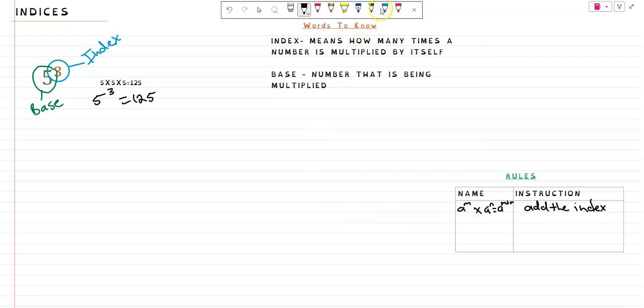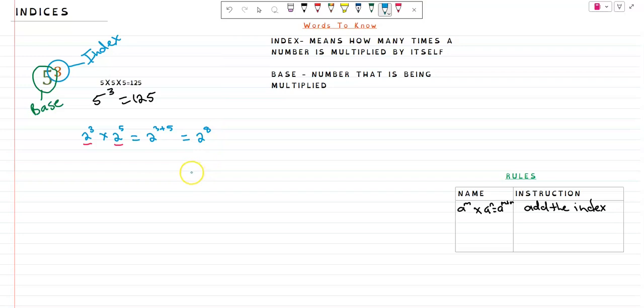Now, if we look at an example, if we have 2 to the power of 3 multiplied by 2 to the power of 5, first we need to double check and make sure our bases are the same. Yes, our bases are the same. Then we can follow this rule, which means we can then say it equals 2 to the power of 3 plus 5, which means it equals 2 to the power of 8.